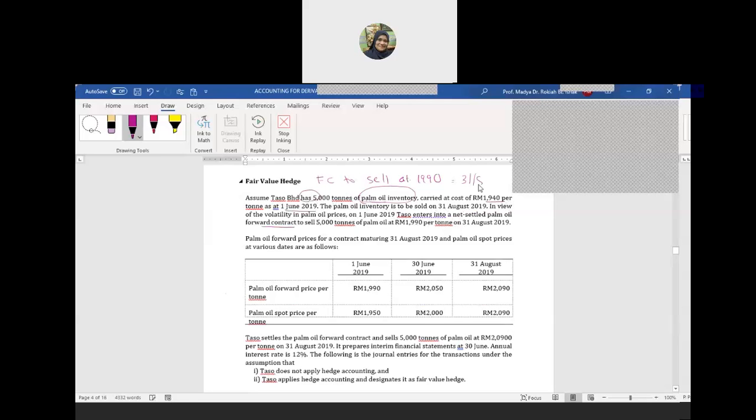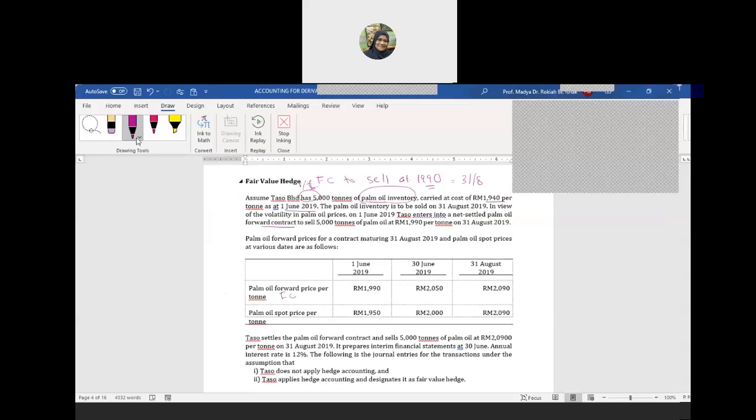You want to sell that one on 31st August at this price. Okay, and then you enter the forward contract on 1st of June. So this is the forward price, the forward contract price.